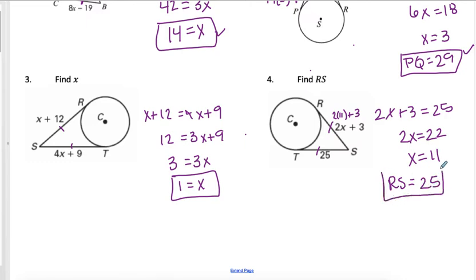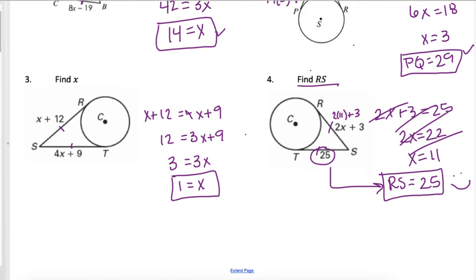You guys, I just realized it said find R to S. If I already knew T to S was 25, could I go directly to this? Absolutely. Do we find the X and confirm it? Sure. But I already knew what R to S was even without knowing X here. I didn't actually need it. So I got excited about solving for X and then didn't really need it on that one.